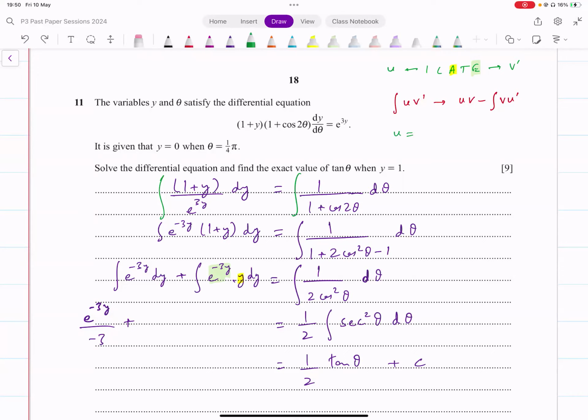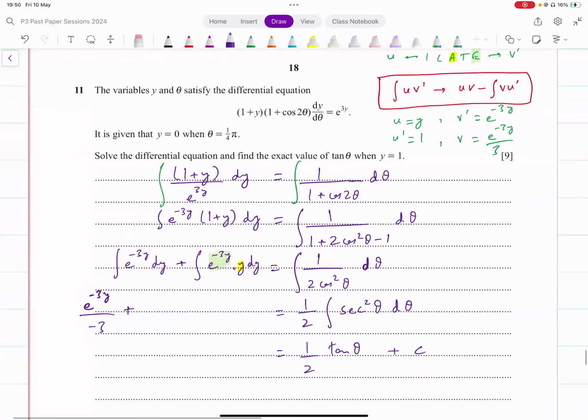Algebraic is y, right? And v dash is exponential, which is e raised to the power minus 3y. For using the formula, we need u dash. What's the derivative of y with respect to y? That's 1. What's the integration of this? E raised to the power minus 3y divided by minus 3. Let's just input values in the formula.